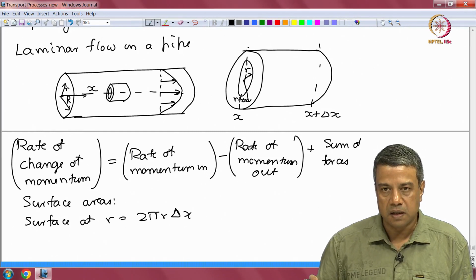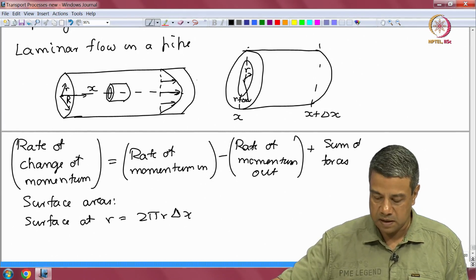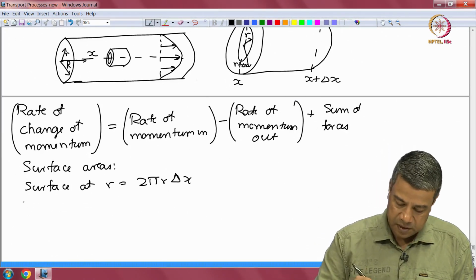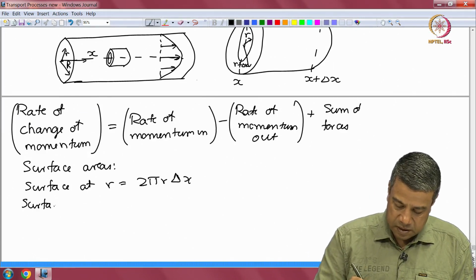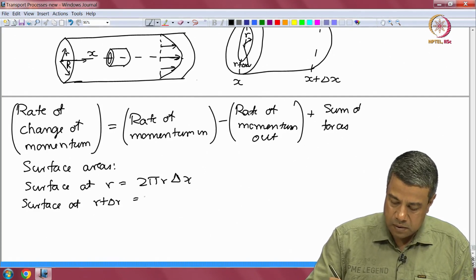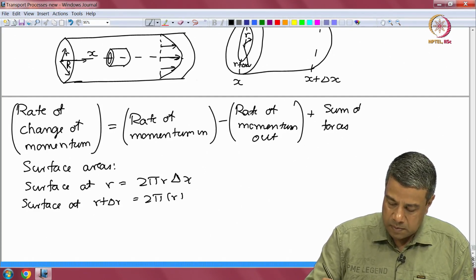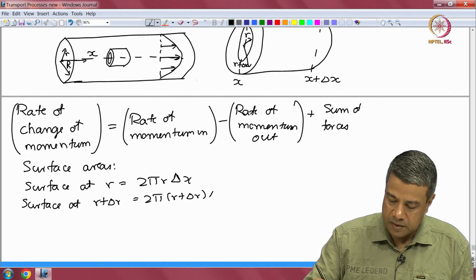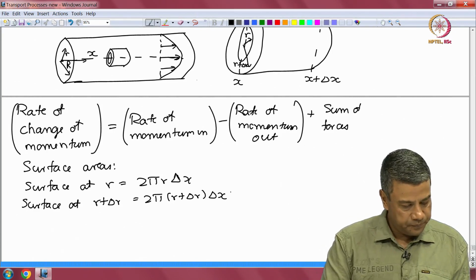This is the surface area of the cylindrical surface. Surface at r plus delta r is equal to 2 pi into r plus delta r into delta x.